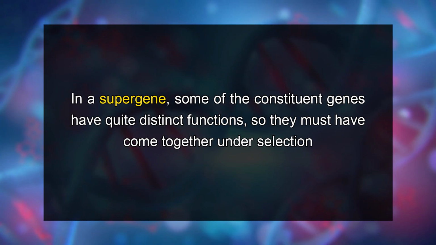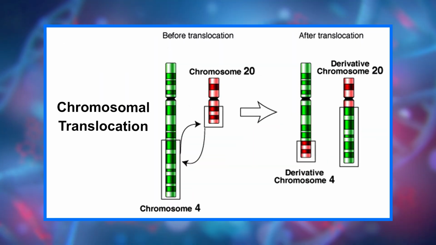In a supergene, some of the constituent genes have quite distinct functions, so they must have come together under selection. This process might involve suppression of crossing over, translocation of chromosome fragments, and possibly occasional cistron duplications.